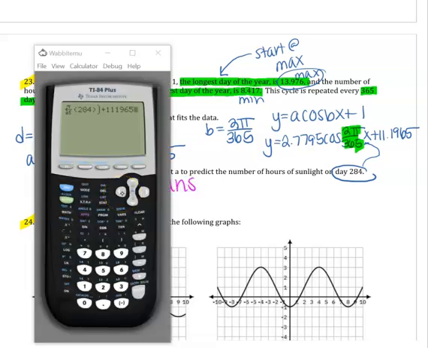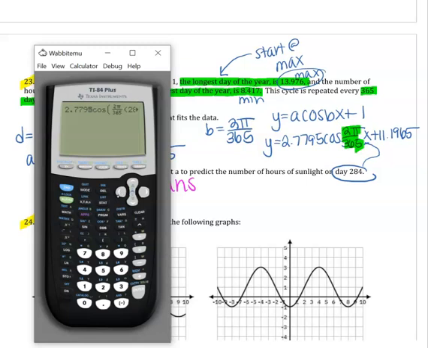All right, so I paused the video and started typing this in, although I noticed I just typed this wrong, 11.1965. Okay, my calculator is in radian mode. Look at how I type this in. I have the 2 pi over 365 typed in, times the 284.